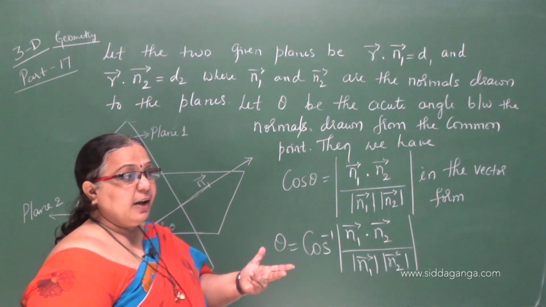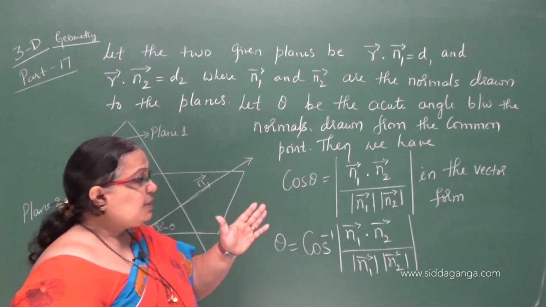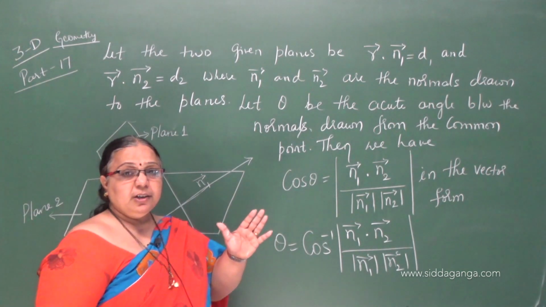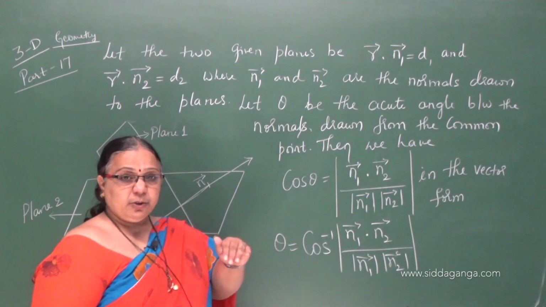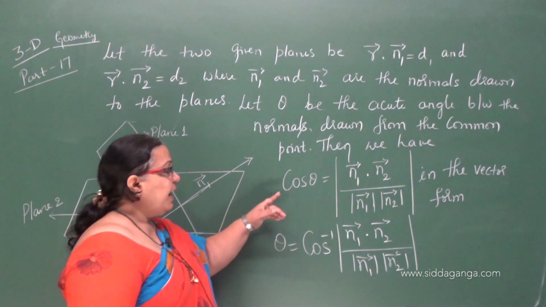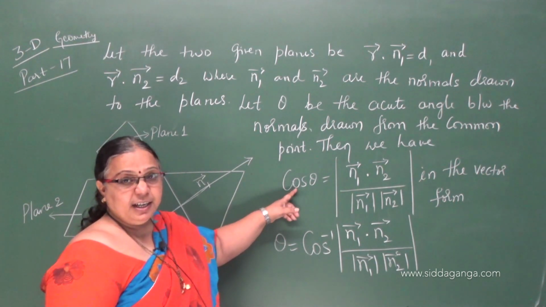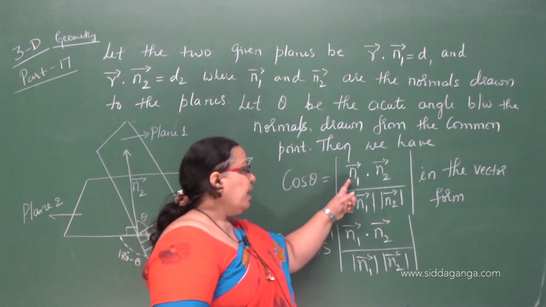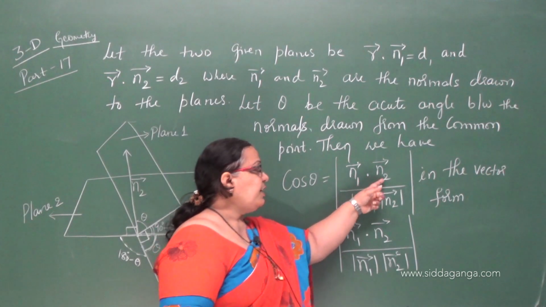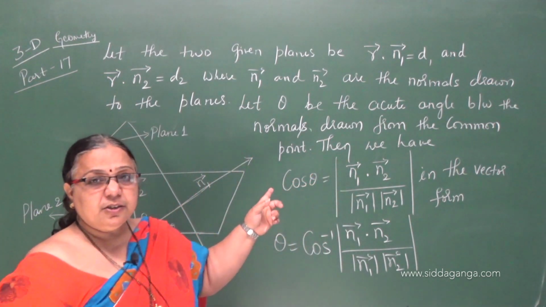So when the normals drawn for both the planes are perpendicular, then theta equal to 90 degree, and we have cos 90 degree equal to 0. Cross multiplying, we have n1 vector dot n2 vector equal to 0.